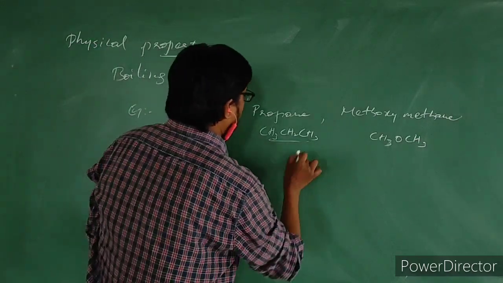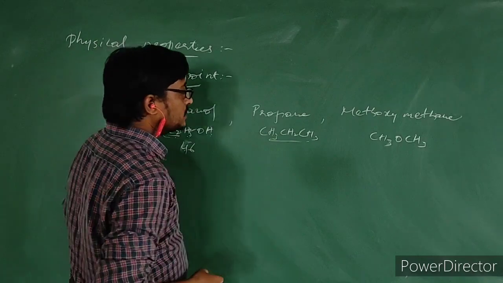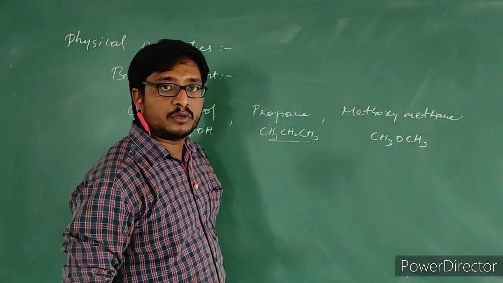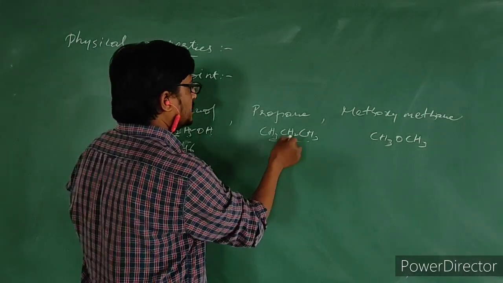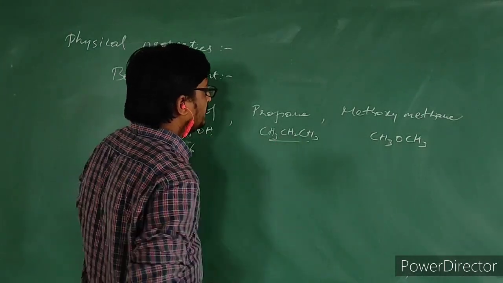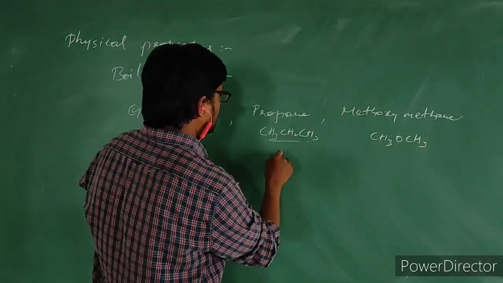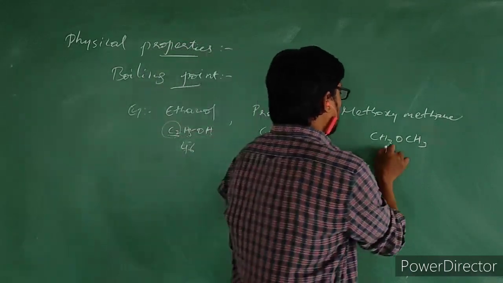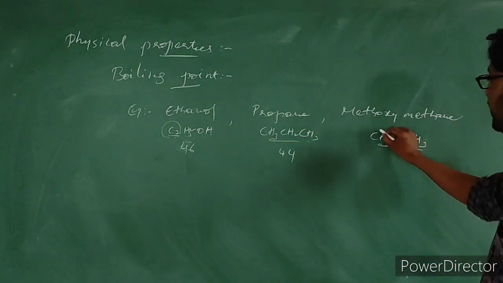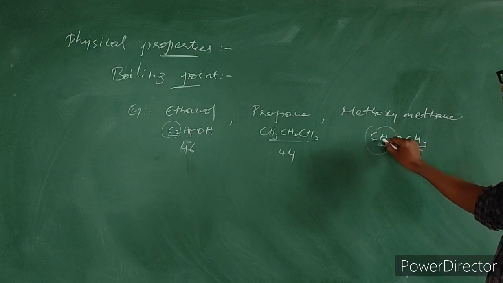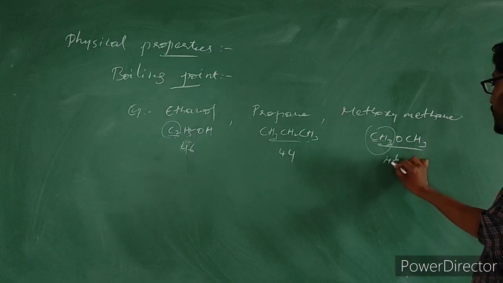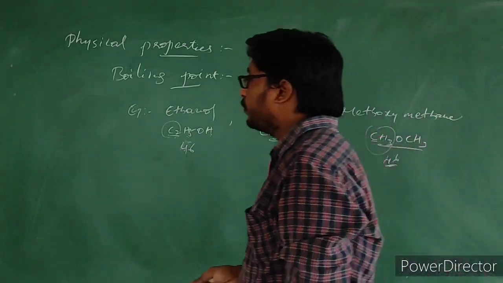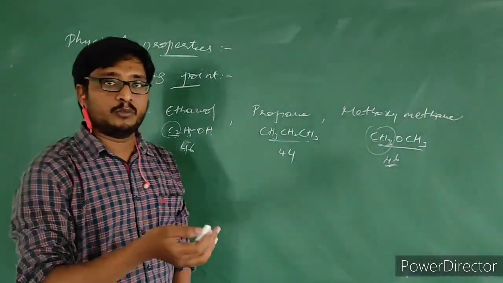In the same way, propane has 3 carbons, atomic mass of carbon is 12, so 12 threes are 36, plus 8, that is 44. Methoxymethane, each methyl group is 12 plus 3, 15, so 30, plus 16, also 46. So these three compounds have almost the same molecular mass.